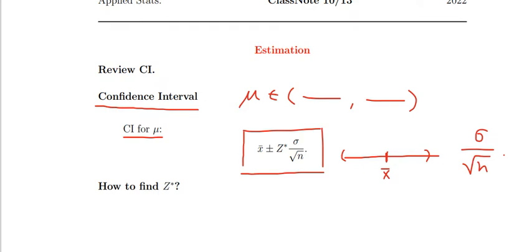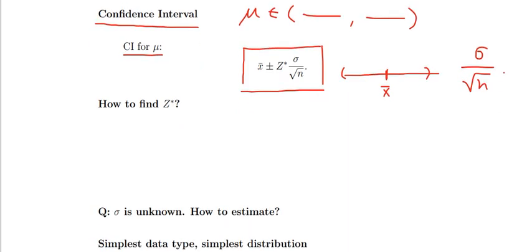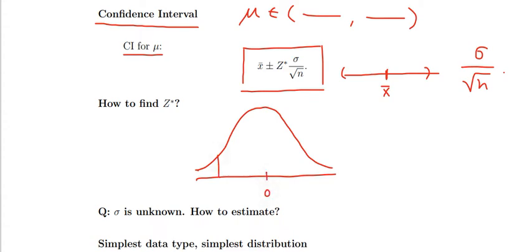So this z star is the cutoff point from the normal table. Like if we want to find a 92% confidence interval, this means that this middle interval is 92%. This cutoff point is z star.